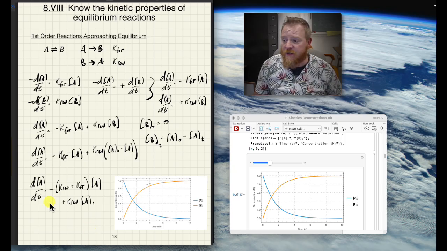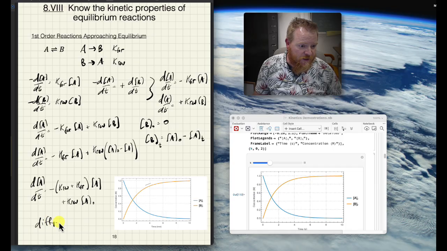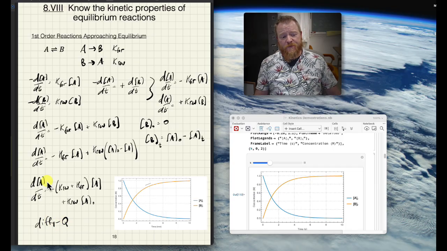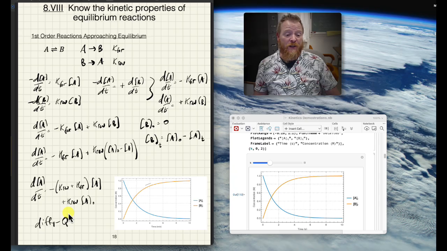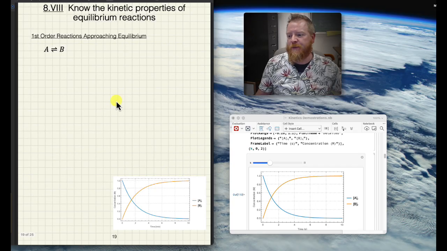So this is another differential equation, and it is not straightforward to solve. So I'm going to put the solution to that down on the next page here.